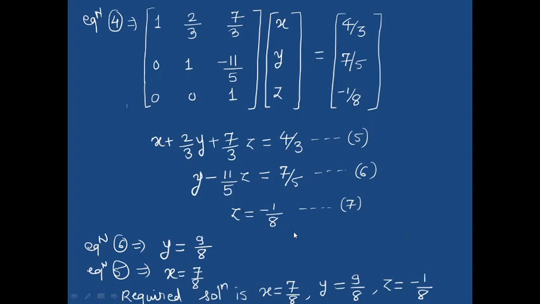This process of obtaining the values of the unknowns is called backward substitution, because first we get z, then it is used in the previous equation to obtain y, and then finally in the first equation. So this process is called backward substitution. From the last equation we get the solution. So this is the required solution.